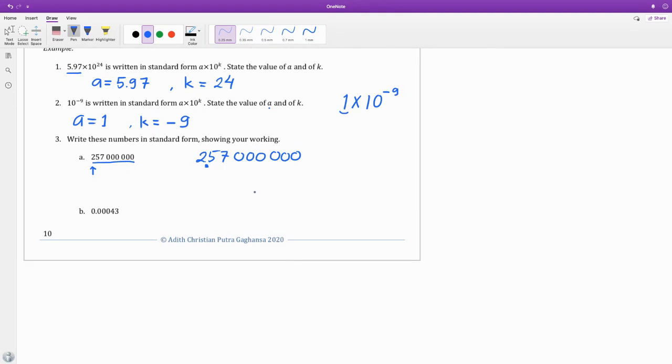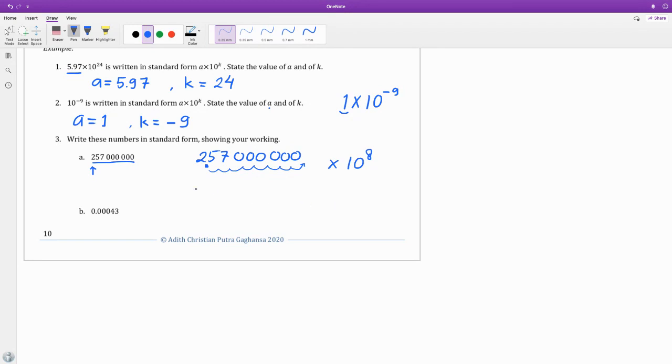And then move the decimal point 8 places to the right. 1, 2, 3, 4, 5, 6, 7, 8. There you go. Moving the decimal point 8 places to the right is the same as multiplying by 10 to the power of 8.